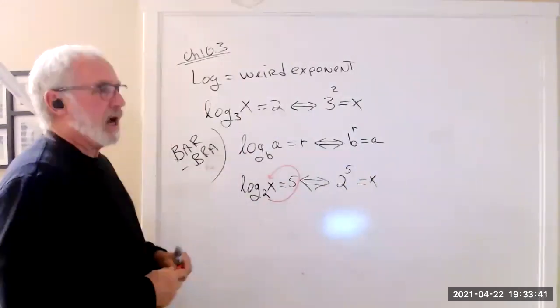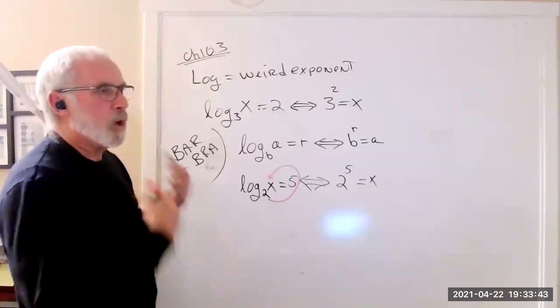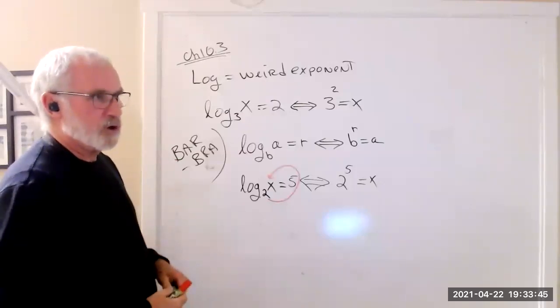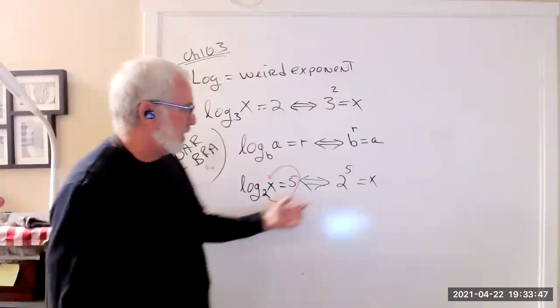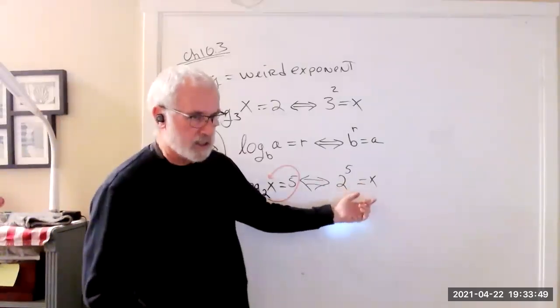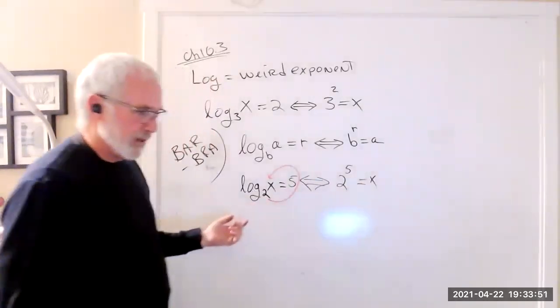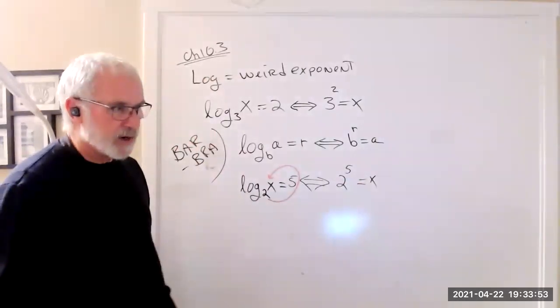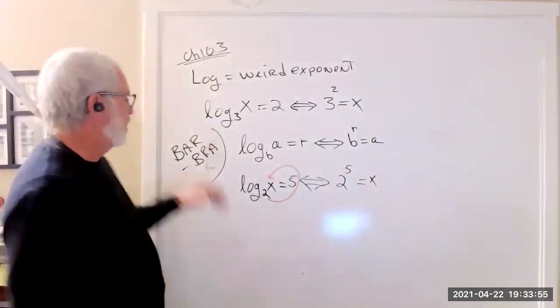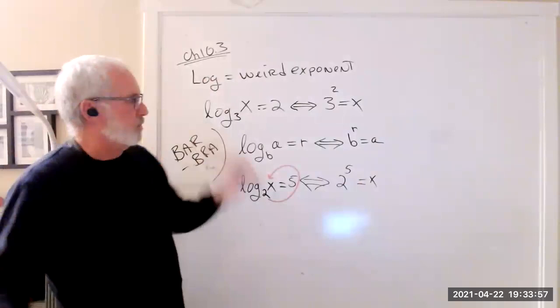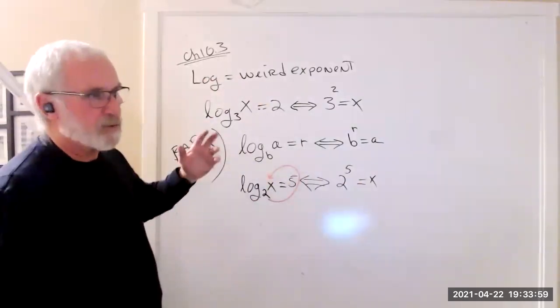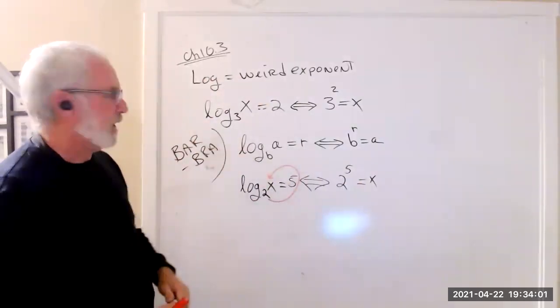I don't care what method you use to go from logarithmic to exponential or exponential back to logarithmic, as long as you get it right. It doesn't matter, bar, bra, circle methods, some other method, you just got to get it right.